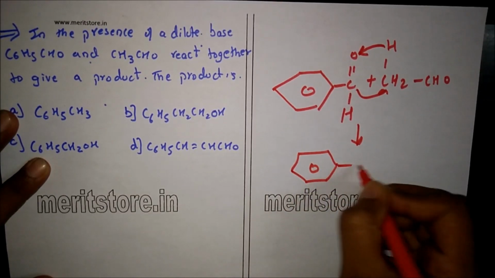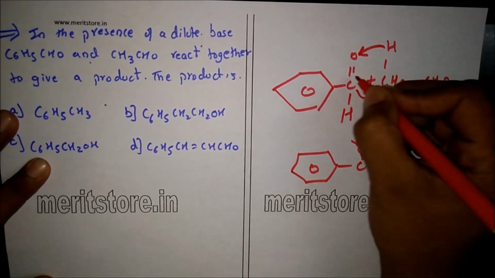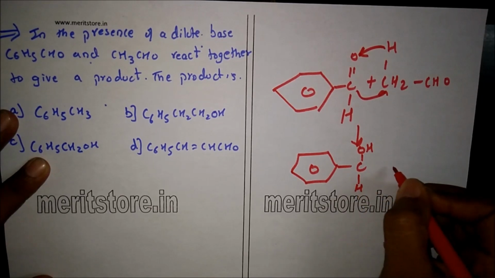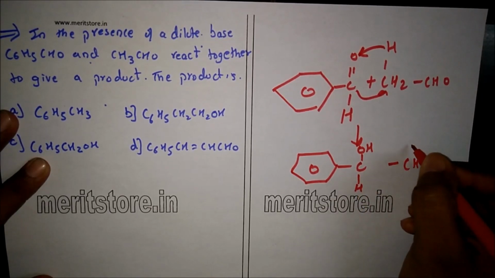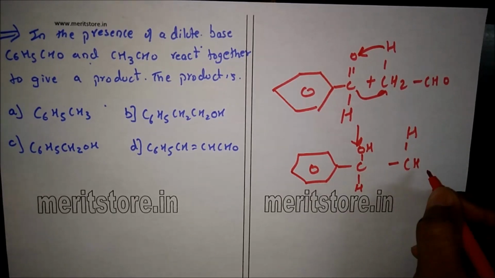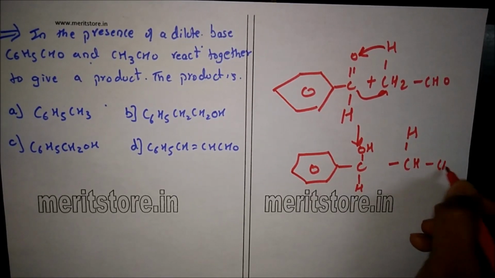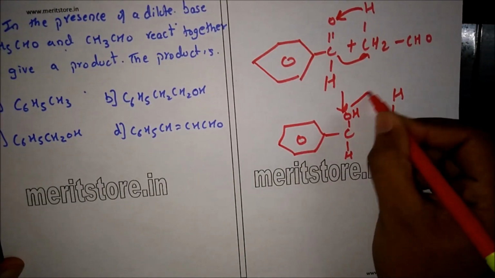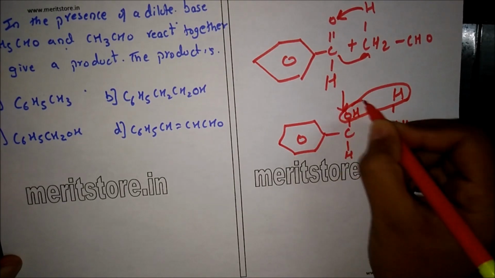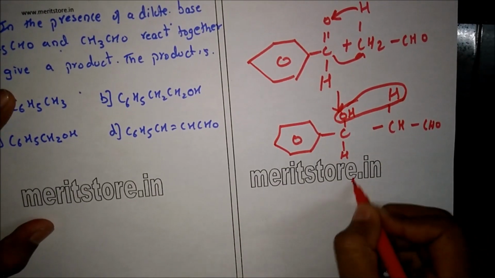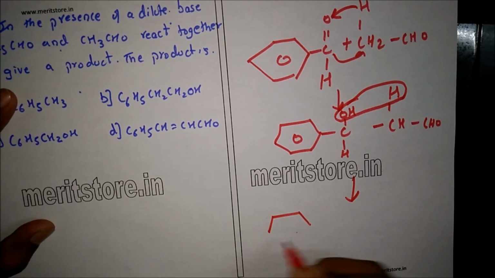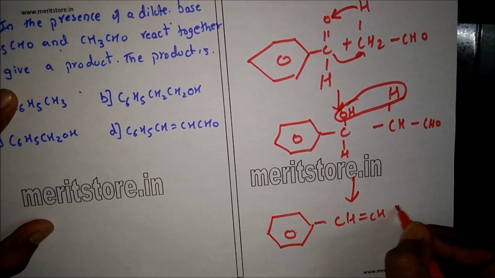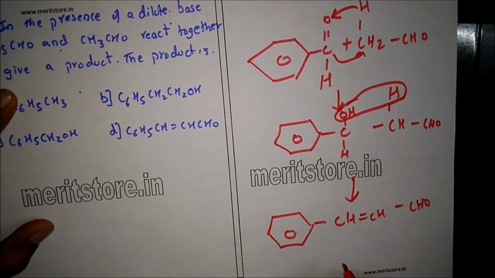The double bond will break here and H will come here. Both the H and the OH will combine to form a double bond, which will be given by this product. So the final product obtained will be CH=CH-CHO, which is known as cinnamaldehyde.